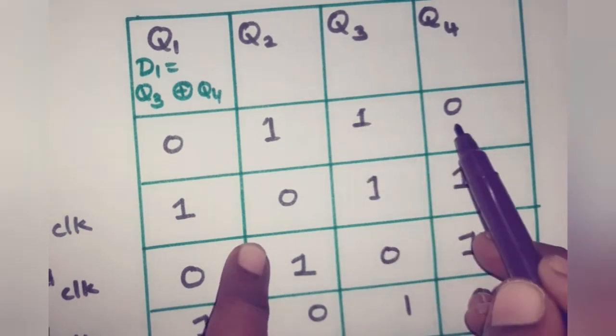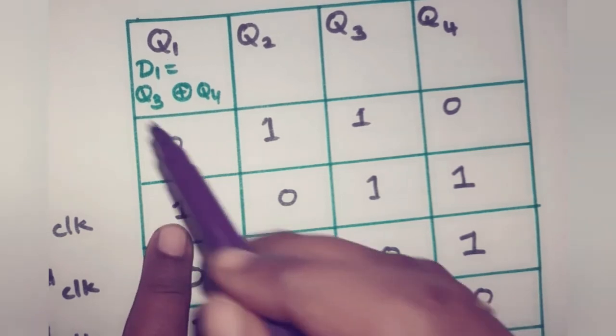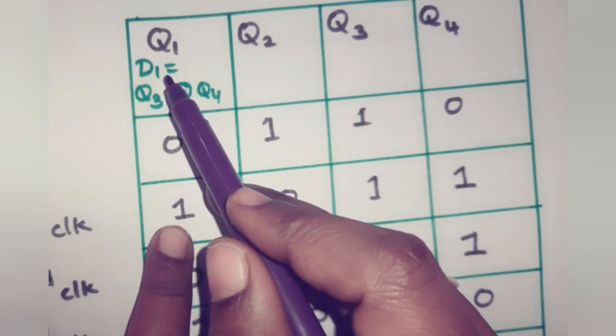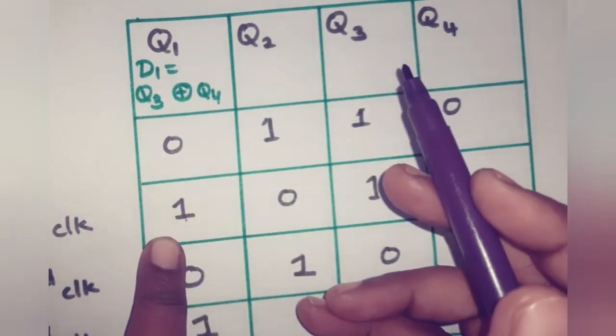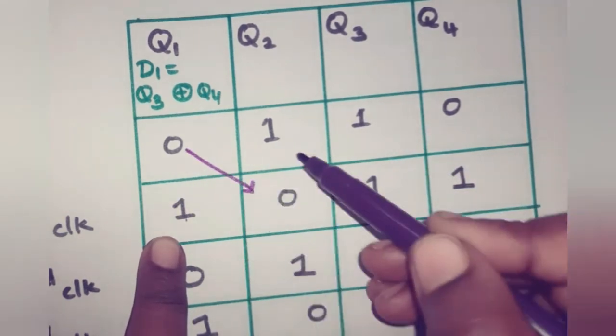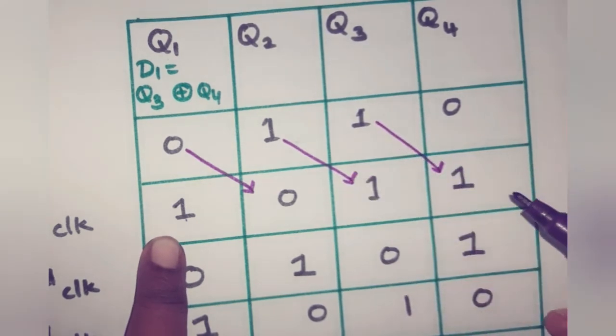Here both the inputs are different, so the output is 1. So 1 will appear at the input of the first flip-flop. Since it is a D flip-flop, the output is also 1. It is a right shift register, so this will be shifted to the next bit, and this will be shifted to the next bit.